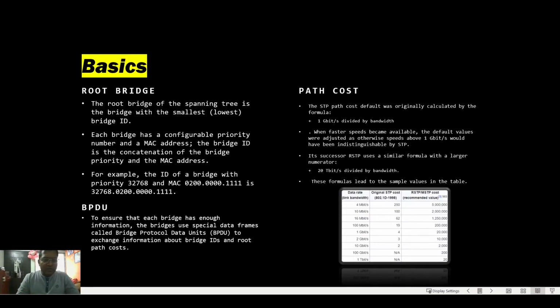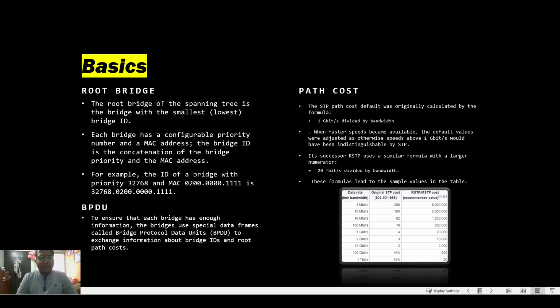Let's have a look at a few basic terms. First is the root bridge. The root bridge of a spanning tree is the bridge with the lowest bridge ID. Each bridge has a configurable priority number and a MAC address. The bridge ID is a concatenation of the bridge priority and MAC address.